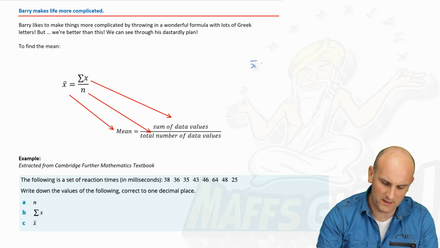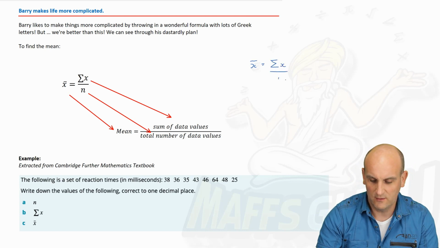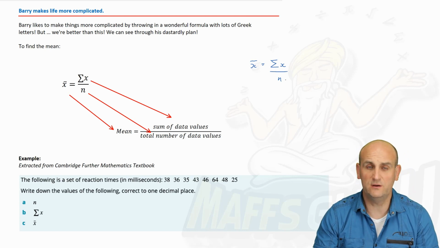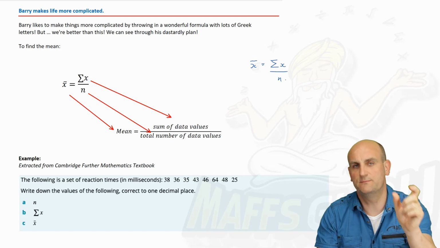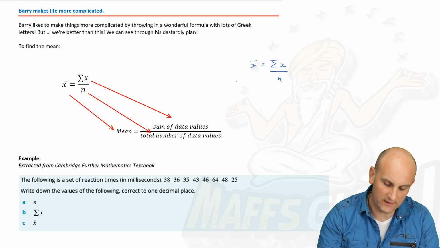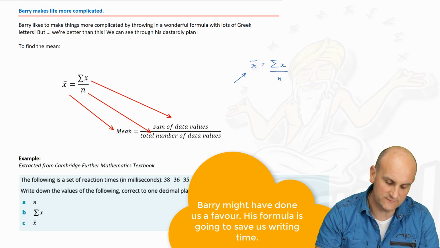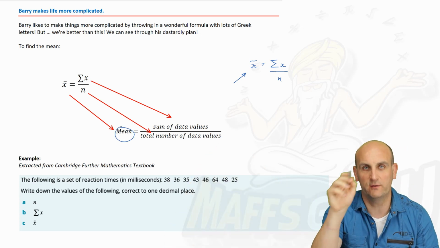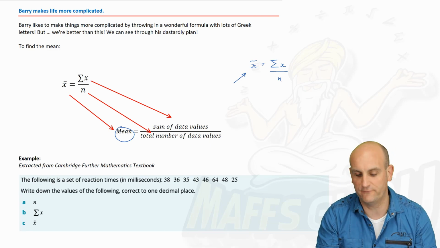He said x bar is equal to this funny sigma symbol, sigma x all over n. And literally all it is is just another way of writing long words as simply as we possibly can. So the first thing is, this x bar here, as I've said, with those arrows, means nothing more than mean. So when you see an x with a bar on top of it, it wants you to find the average.